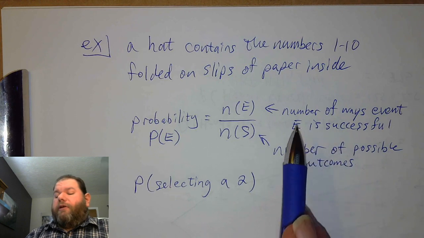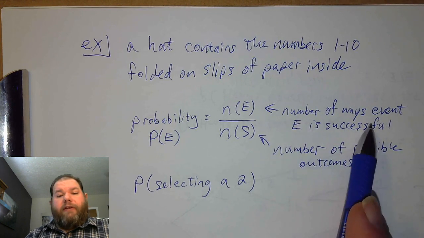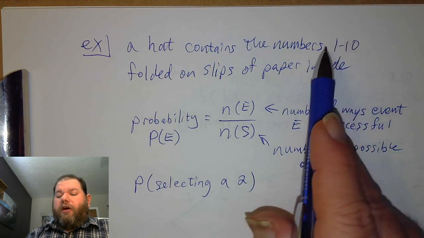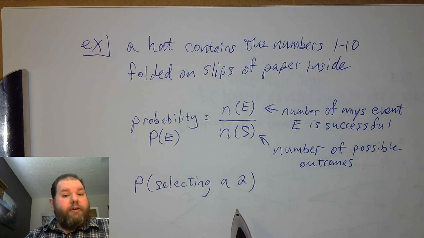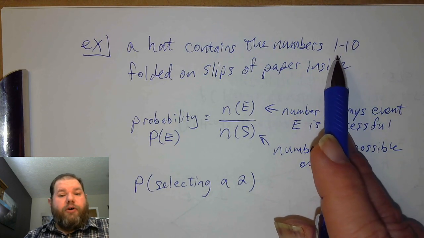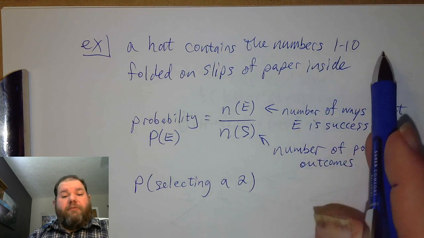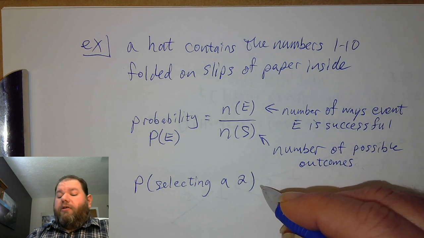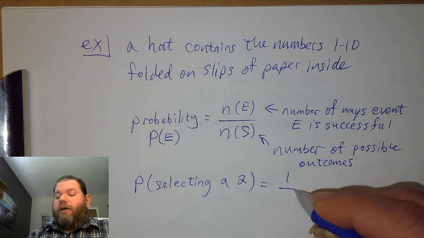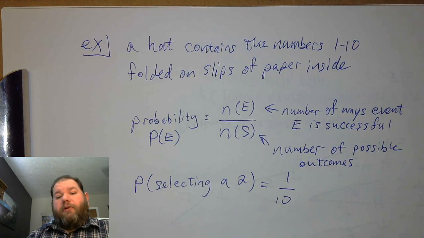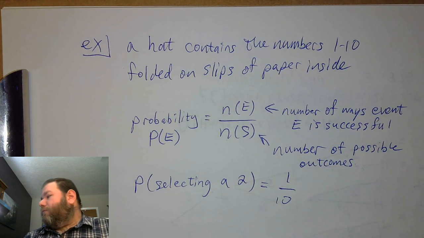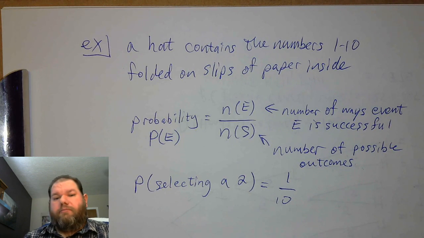So we think about, okay, how many ways could we be successful? I mean, how many of these numbers have the number 2 written on them? Well, exactly 1. What are our possible outcomes? Well, there's 10 possible numbers here. So there's 1 out of 10 possible numbers, so our probability is 1 out of 10. Okay.